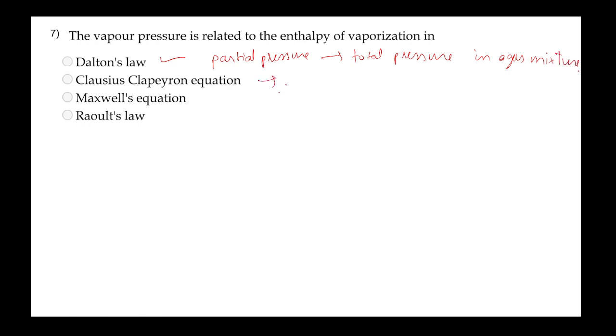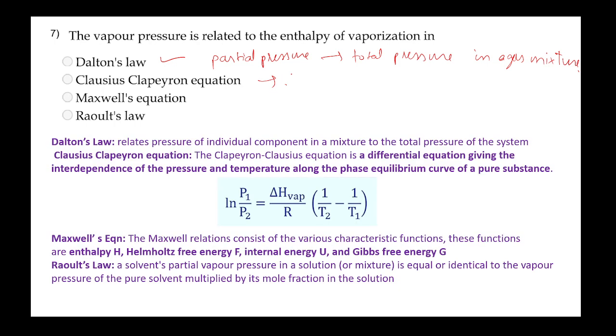Then another is the Clausius-Clapeyron equation, which gives the interdependence of pressure and temperature along the phase equilibrium curve of a pure substance. Pressure and temperature are related with the heat of vaporization, because it is nothing but an equilibrium process. So this is the relation, and this is the correct answer.